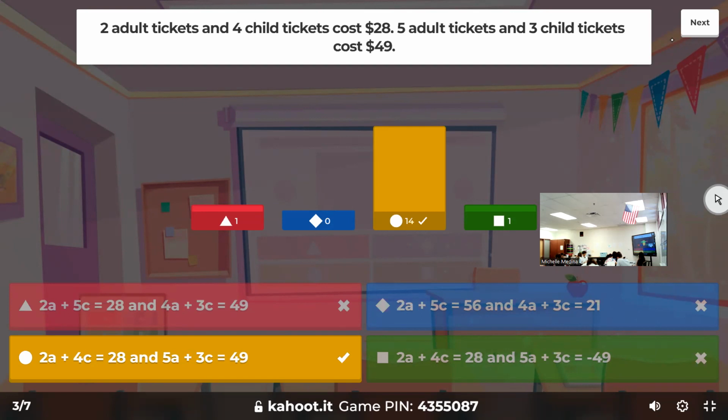So better accuracy, now only 2 people got it wrong, and we'll see why they might have clicked the wrong one. But 2 totals in this one are what?